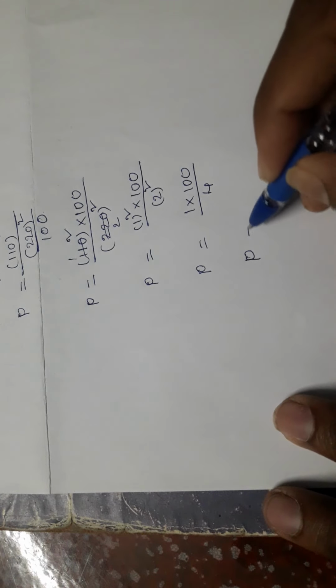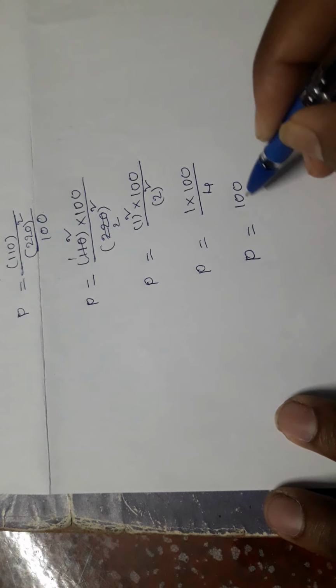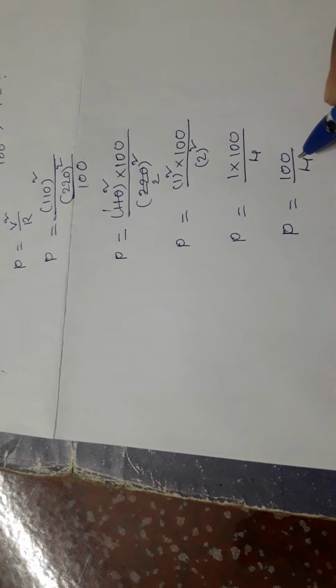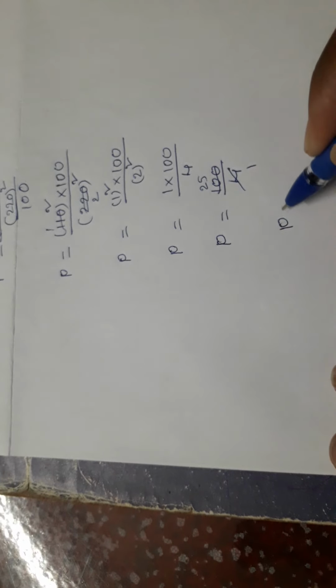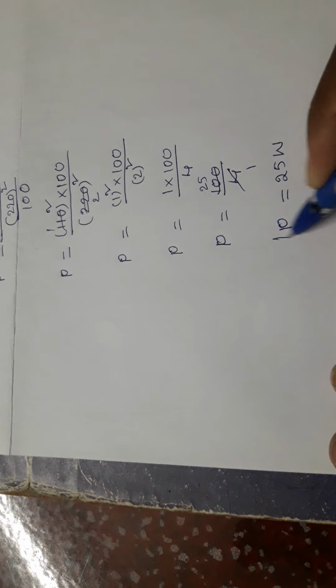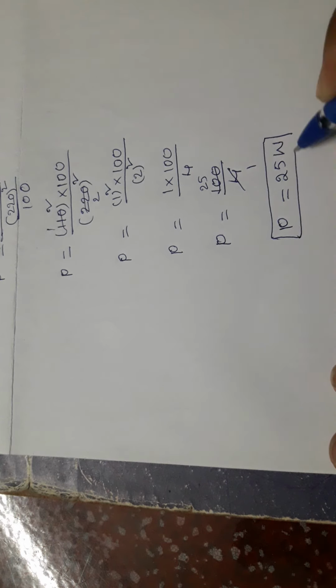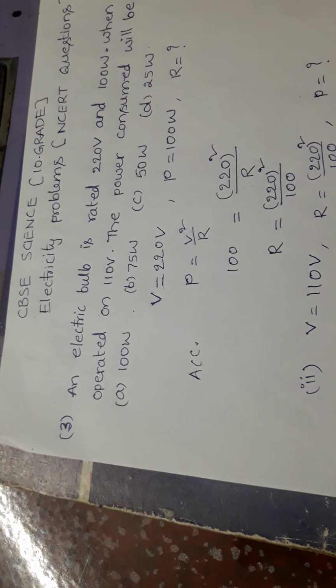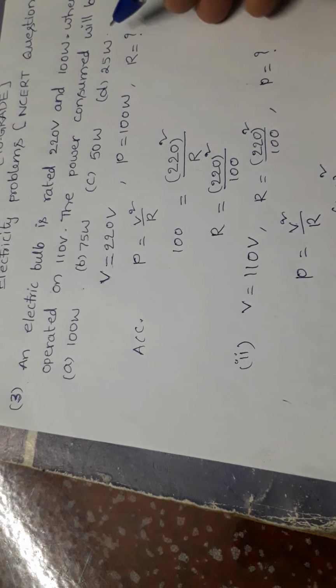So P is equal to 100 by 4. Here we cancel: 4 twenty-fives are 100. So P is equal to 25 watts. So that is our answer. Our answer is option D, 25 watts.